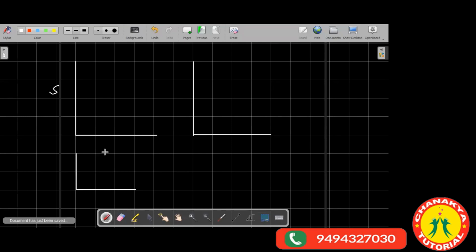So you have displacement time, you have velocity time, and again you have displacement time. So you have a graph here, you have a graph here, you have a graph here.